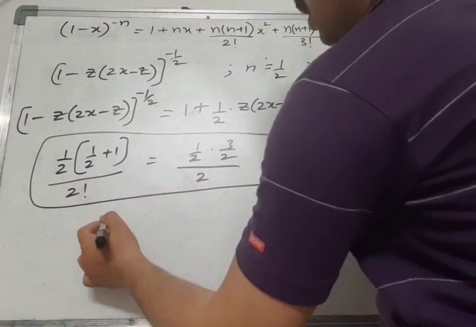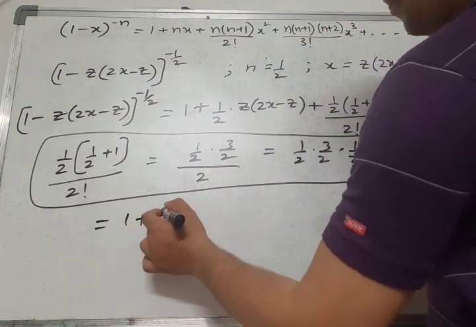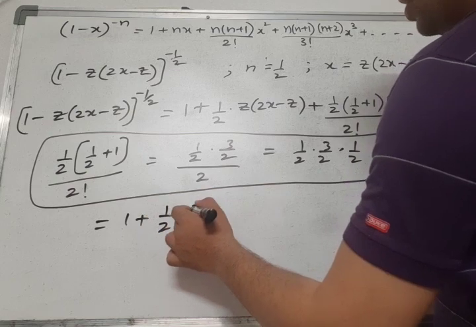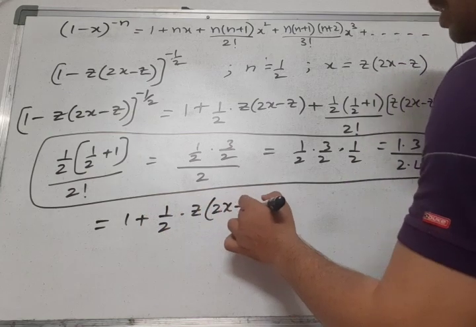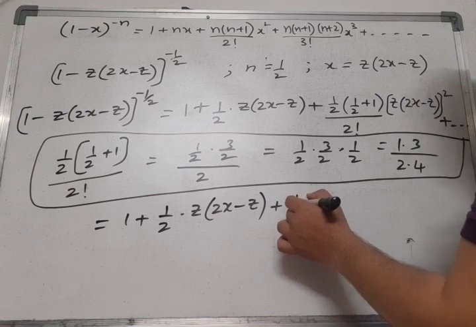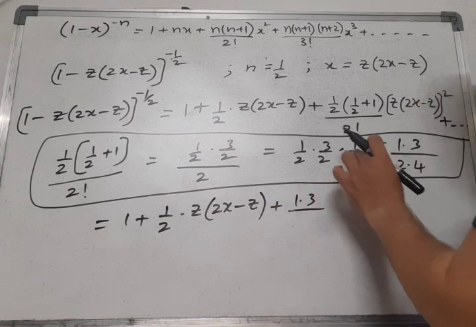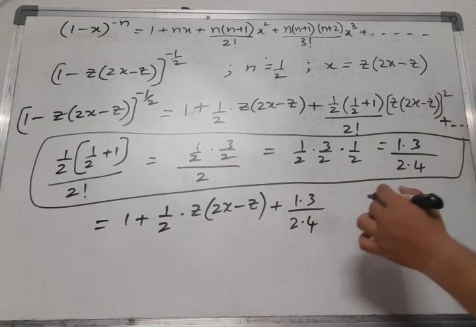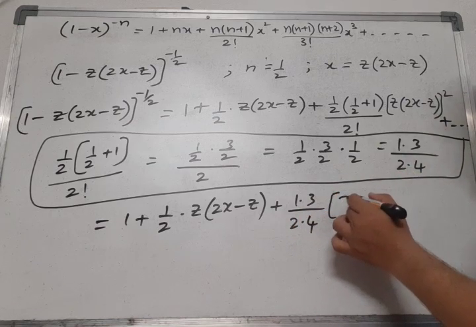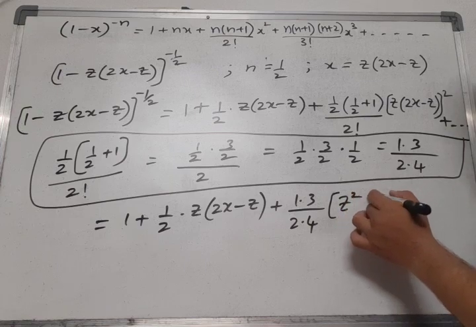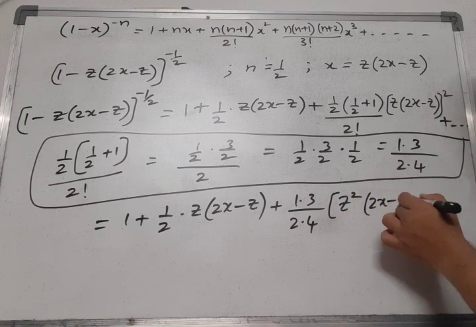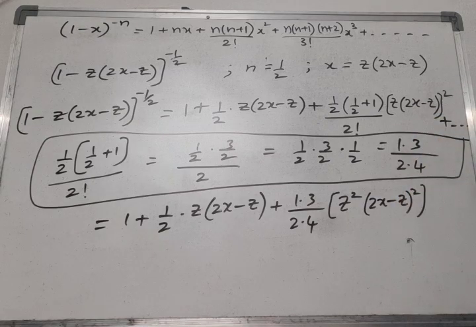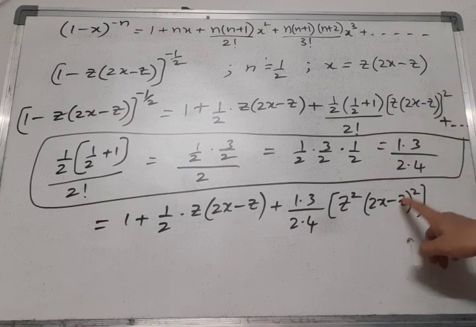So what I am going to get is equal to 1 plus 1 by 2 into z into (2x minus z), plus 1 into 3 by 2 into 4 into z square into (2x minus z) whole square. Okay, the square belongs to both the terms, right?